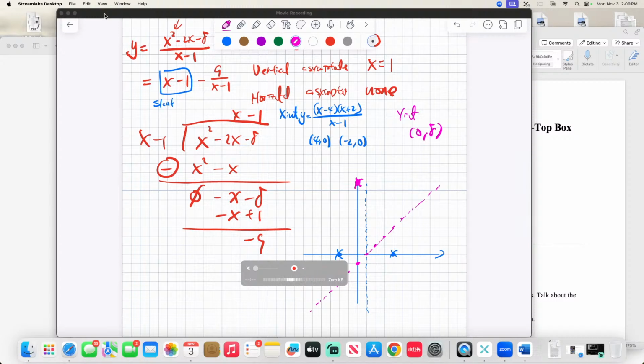Now the graph's going to be something like this. Now remember, your graph goes to infinity on a slant or horizontal, it should go toward the asymptote. So this graph is probably going to go toward the asymptote if I go in this way. Is that okay? Now, this one is going to connect to the other point.